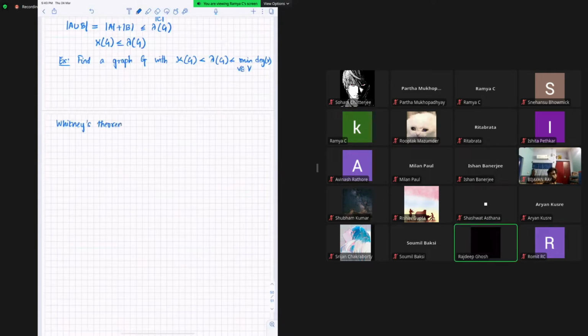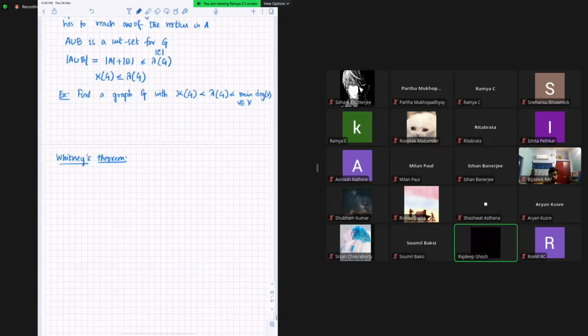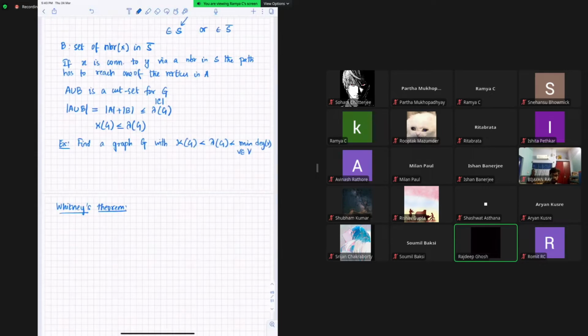Ma'am, for the example or exercise, does a wheel graph on more than, I don't know, 5 vertices work? Let's try. I'm also trying, I don't know the answer.